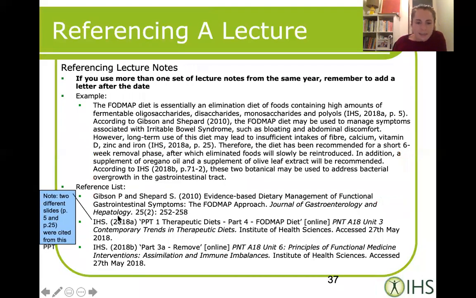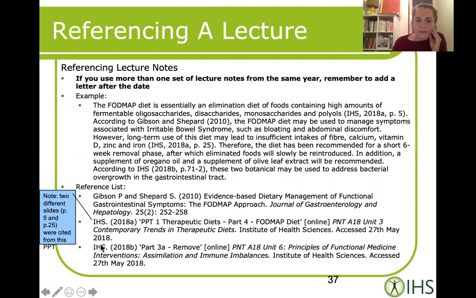And this is just an example. Hopefully this demonstrates to you why you might need to use the A and B. Here is a reference list, and there we've got two IHS lectures or PowerPoints referenced, and they're both in the same year.